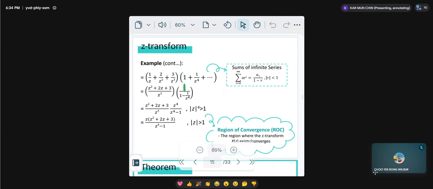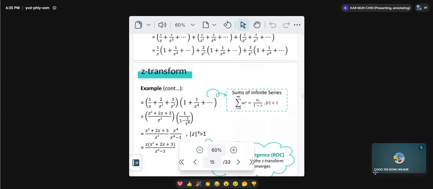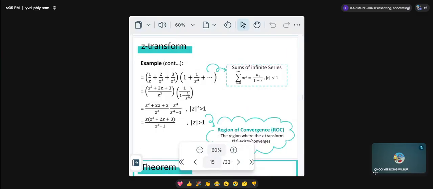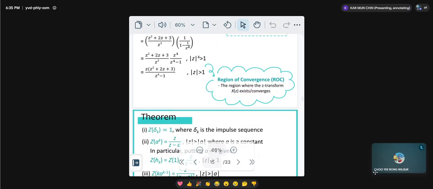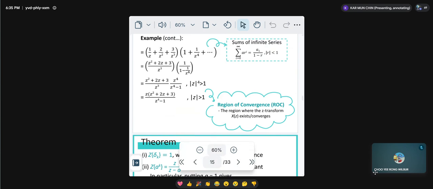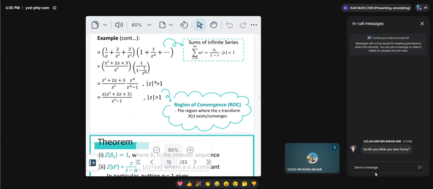So put 1 here, over 1 minus R. R is the common ratio. In this case, the common ratio will be 1 over z to the power of 4. Then you just put it in and simplify it, and you'll get the answer for this question.